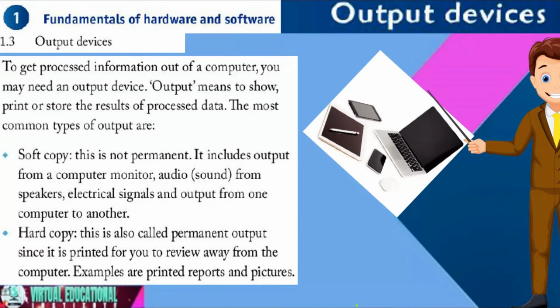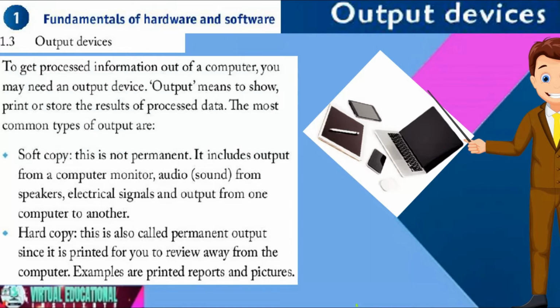Now, let's look at hard copy output. It is somewhat the opposite of the soft copy output. A hard copy is called permanent output. So remember that soft copy is not permanent, but hard copy is termed as permanent output.